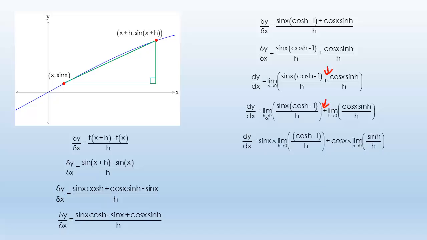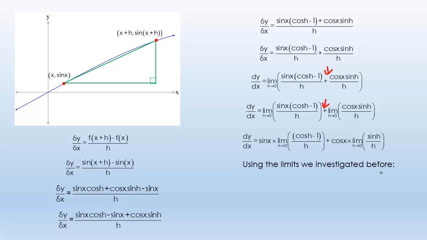X is not involved in this limiting process at all. So the sine x can come out of this one, and the cos x can come out of this one. There's nothing too technical about that. It's h tending to 0, and h is not involved in this sine x, h is not involved in this cos x, so they can come out.